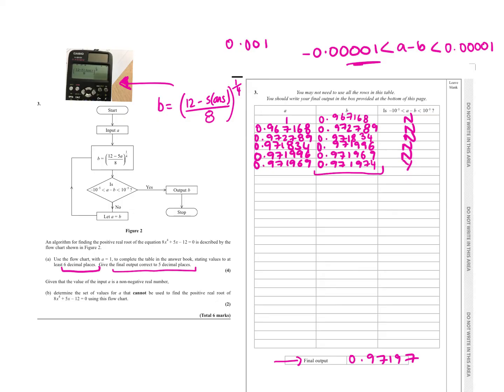This is saying that we want 12 minus 5A to be positive. So if it was negative, this would give us a set of values of A which we cannot use.